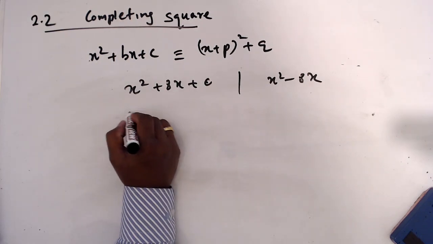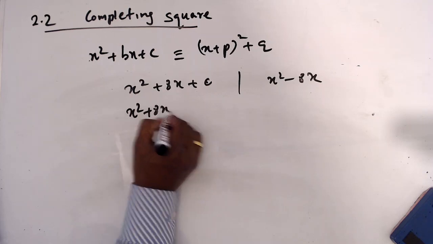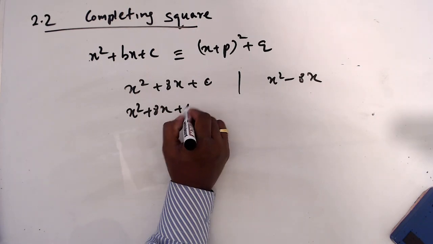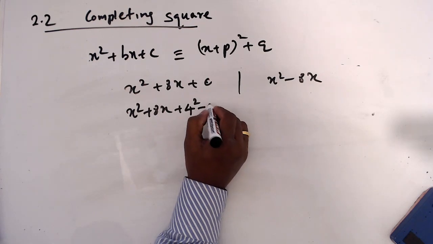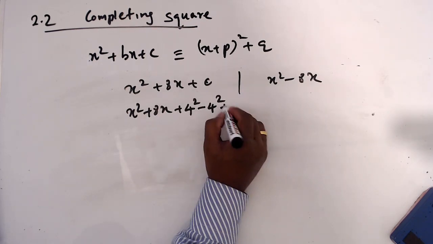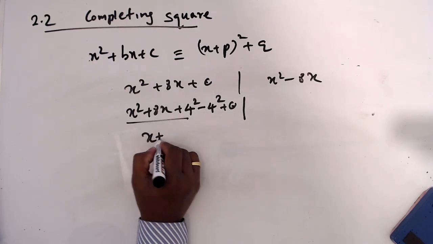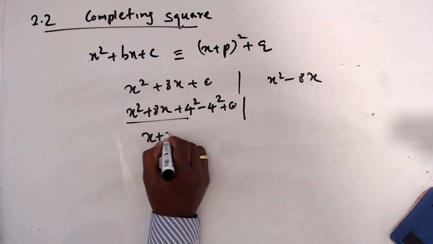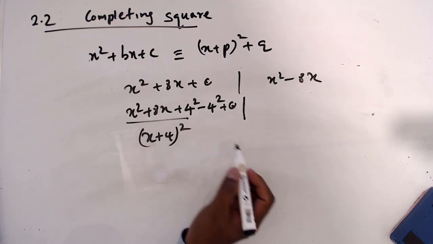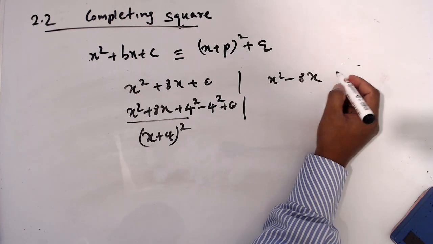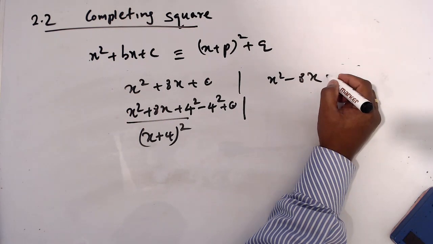So then x square plus 8x. I add half of 8, 4 square, and I minus 4 square and plus 0 as it is. We know this one. We can write x plus 4 square, half of this value. Then this is also the same.